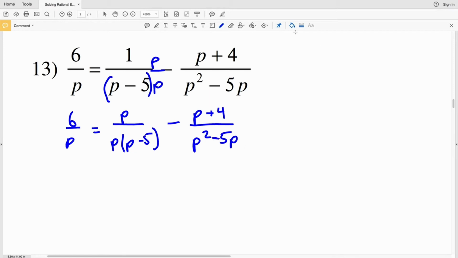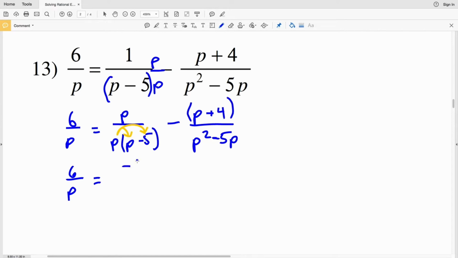And notice that now we have a common denominator, because if we were to distribute this p, we would get p squared minus 5p. So we can combine these numerators now. We'll have p minus p plus 4, and then we're subtracting that 4 since the subtraction would be distributed.